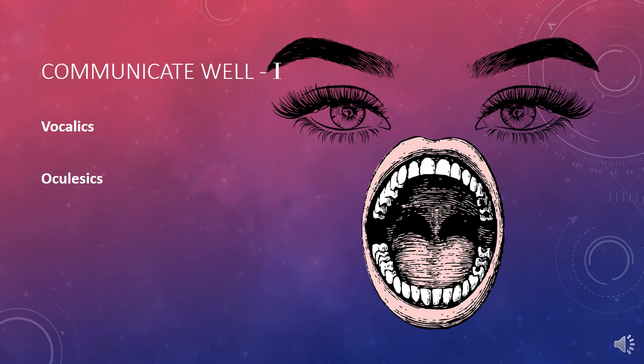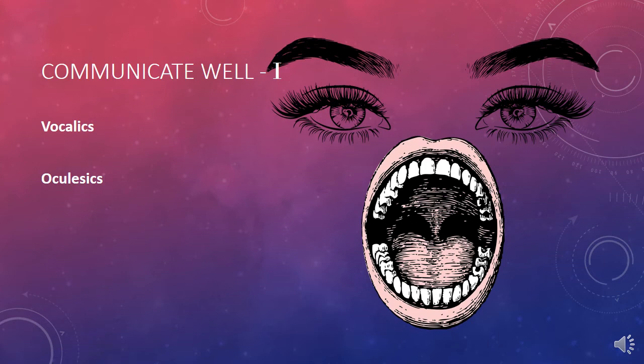So when you look up vocalics, if you choose to, it's tone and pitch which are the most important for us. You want to think about that because modulating your voice has an impact, and it can be important in order to help build rapport.